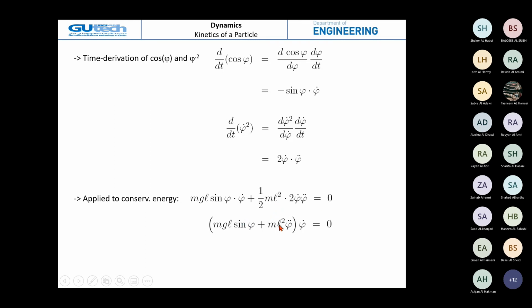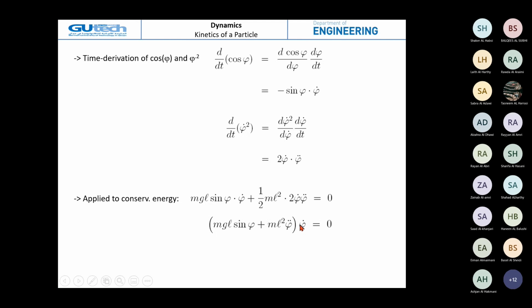Then we keep phi dot out of the term. Then either the first term will be equal to 0 or the second term will be equal to 0, the same as the previous example.